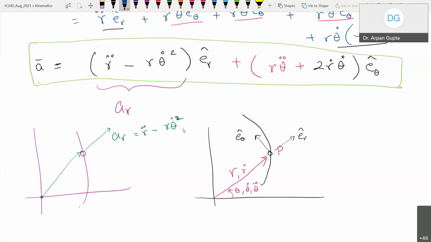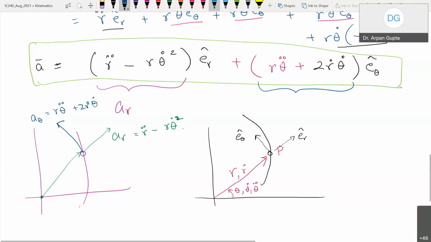The next component of acceleration is in the angular direction or the transverse direction, the theta direction. This acceleration will be perpendicular to here, and this is your A theta, and this is equal to r theta double dot plus 2 r dot theta dot.